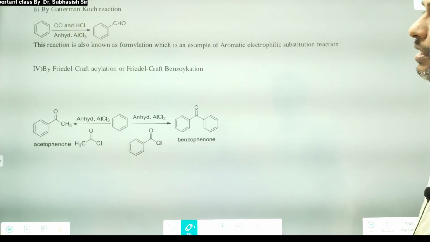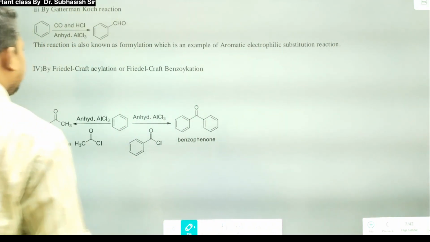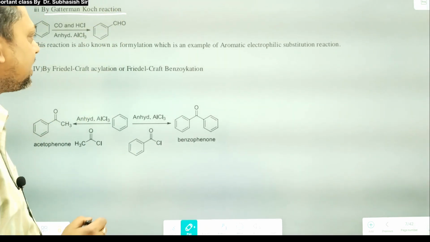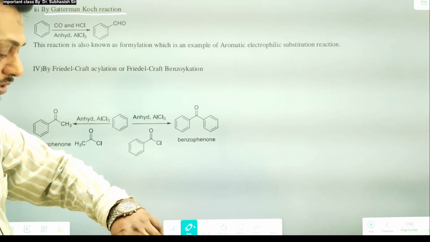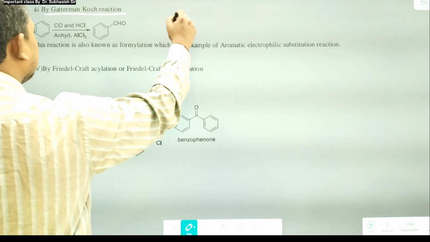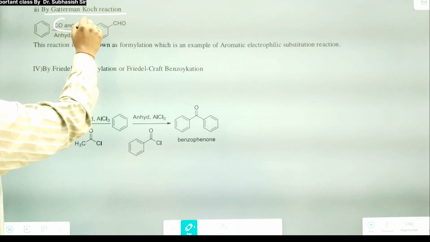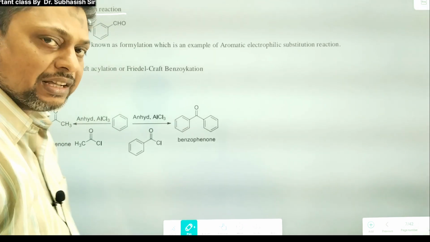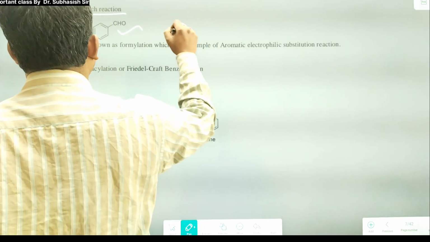So next, let us discuss Gattermann-Koch. Now here, this Gattermann-Koch reaction is also used for the preparation of aromatic aldehyde, that is benzaldehyde. So here you can see that this benzene can react with carbon monoxide and HCl in the presence of anhydrous aluminum chloride, which acts as a catalyst, to form this benzaldehyde.